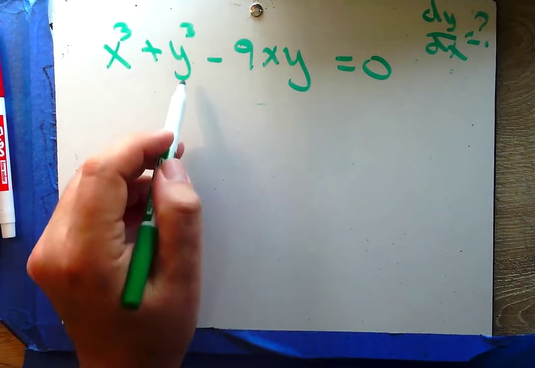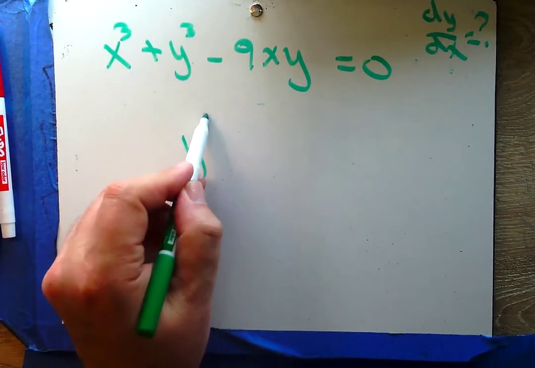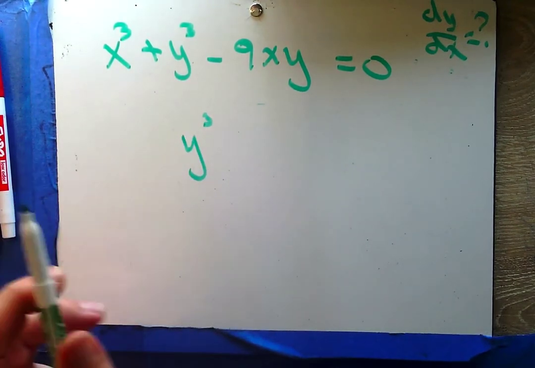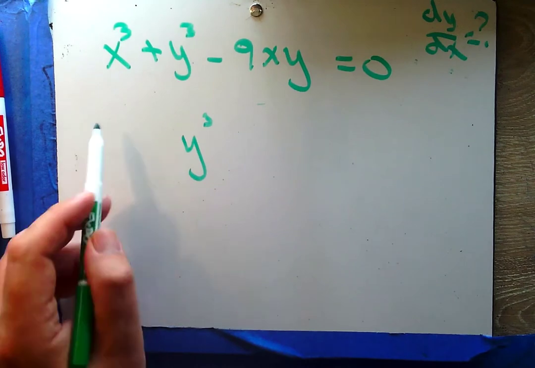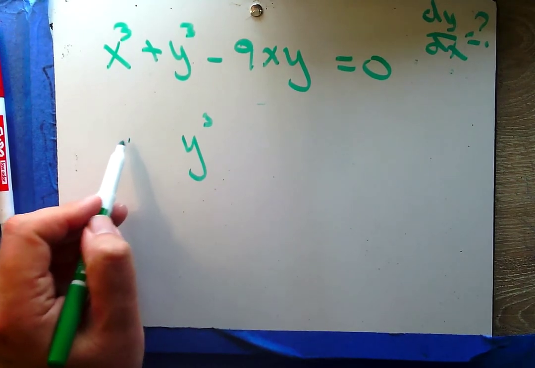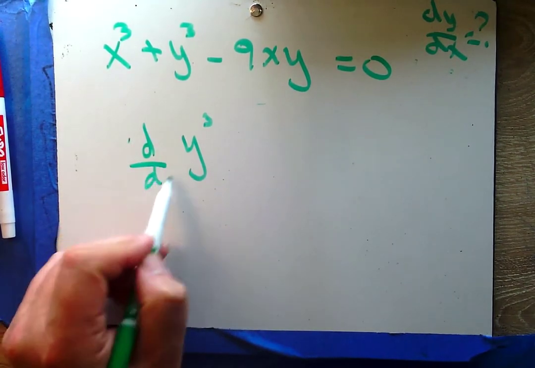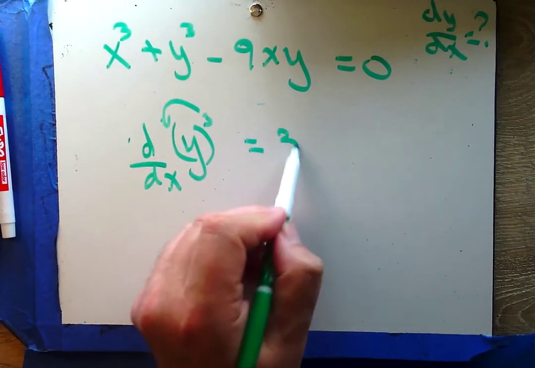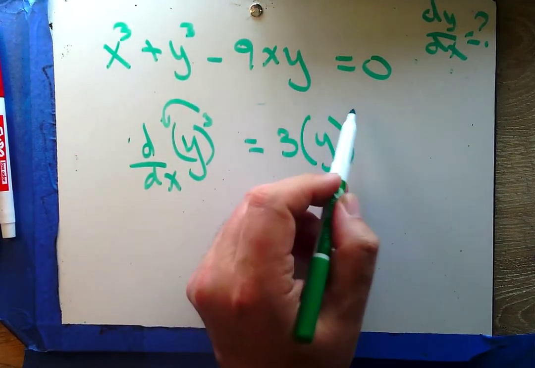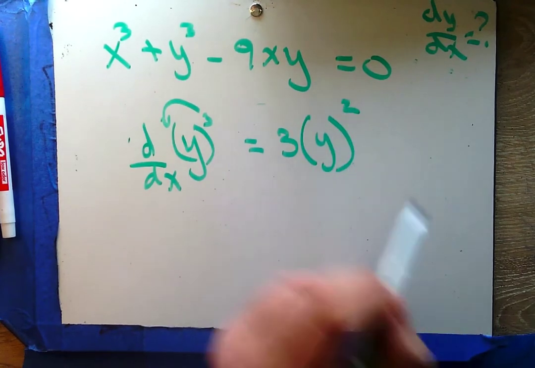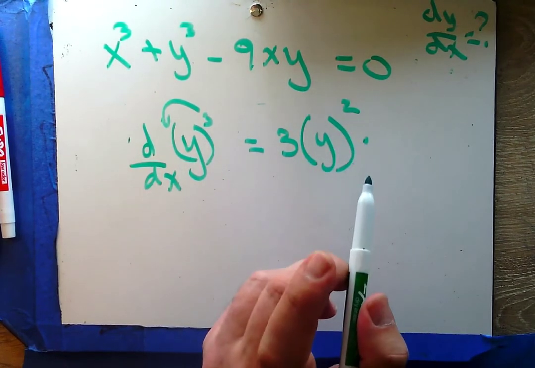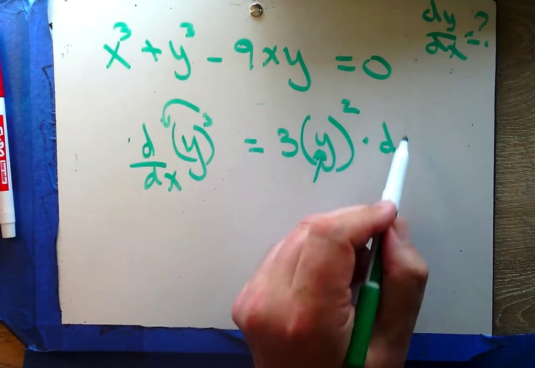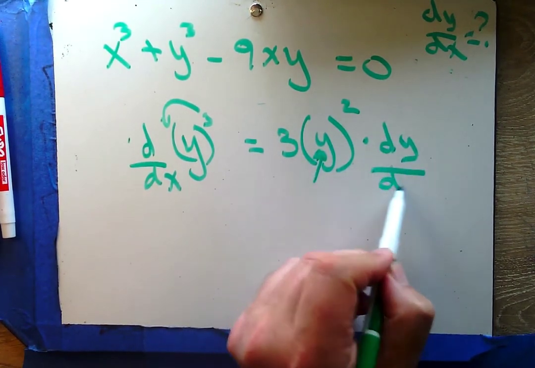Well, what happens when I want to do the derivative of y to the third, again with respect to x? So I take the derivative here, and again, I can take the derivative of that outside. I can leave the inside alone. Don't forget to subtract 1. But now, listen, take the derivative of the inside with respect to x.